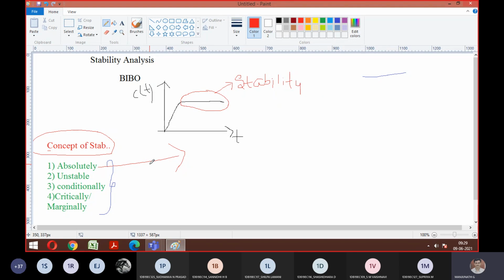So just try to write the graphical representation. Make a note of the graphical representation now: absolutely stable. Write this graph and add the points we are going to discuss now. Take the x-axis and y-axis, the same way we wrote.